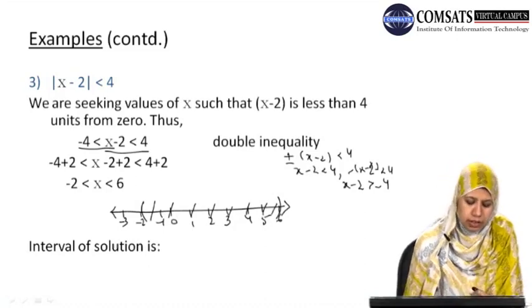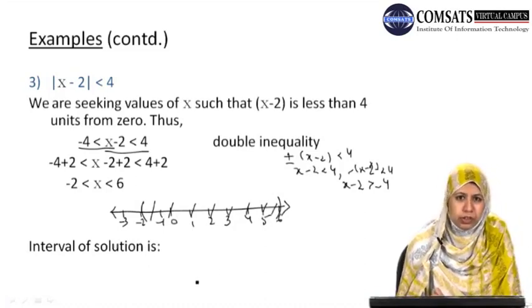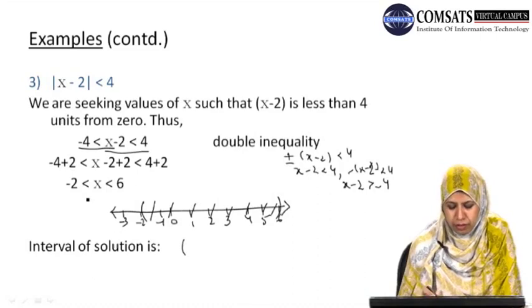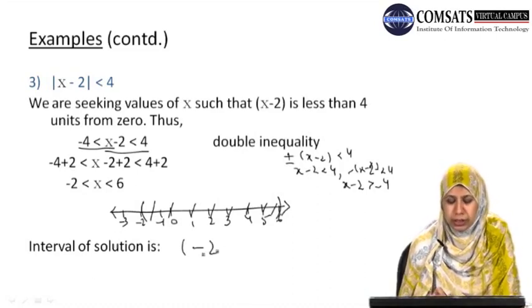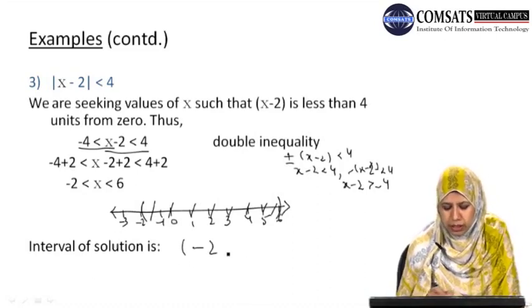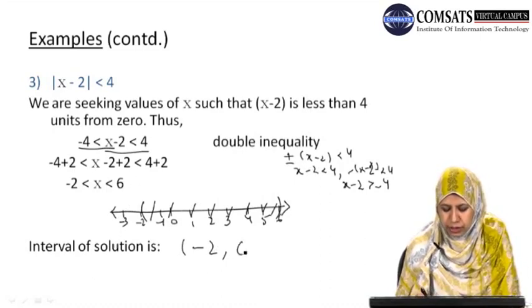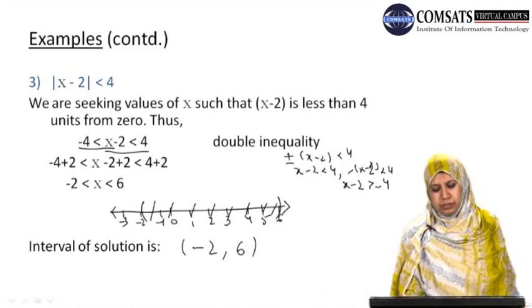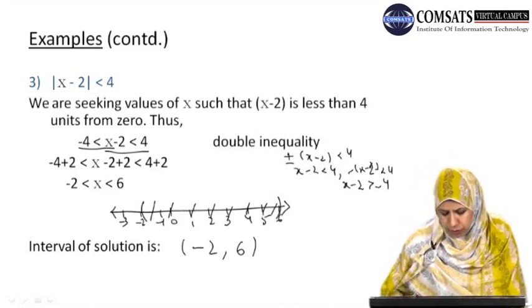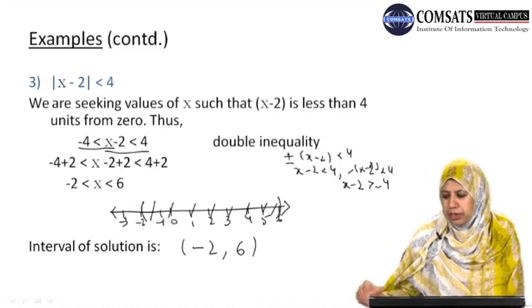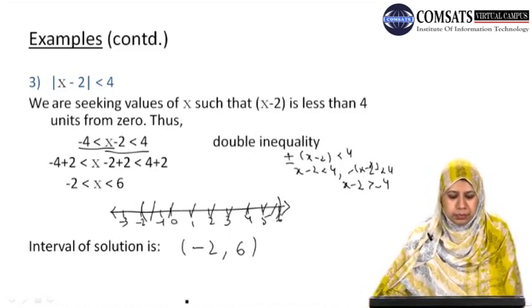So the interval of solution, or the values of x which satisfy this inequality, will be, since we have strict inequality, an open interval with round brackets. So the solution of this inequality is the open interval minus 2 to 6.